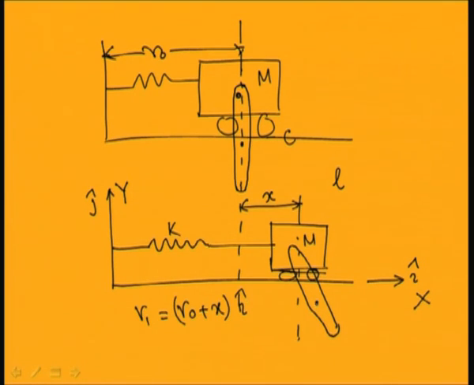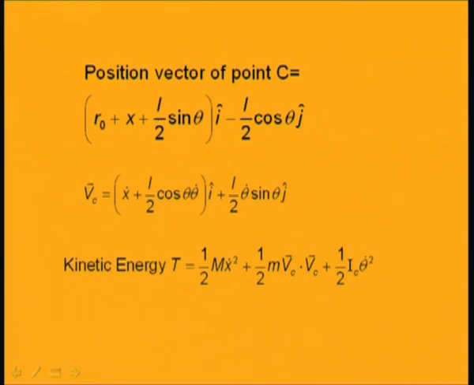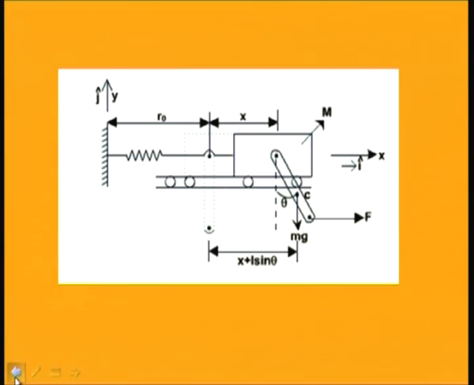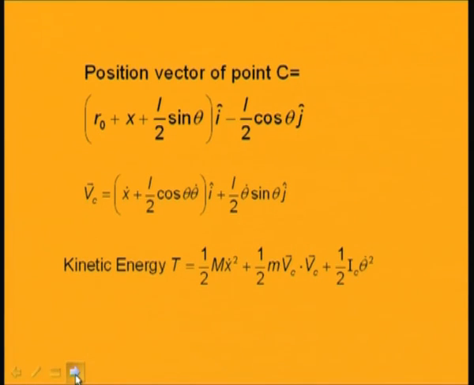And the position vector of point C is given by r0 plus x plus L by 2 sin theta i minus L by 2 cos theta j.